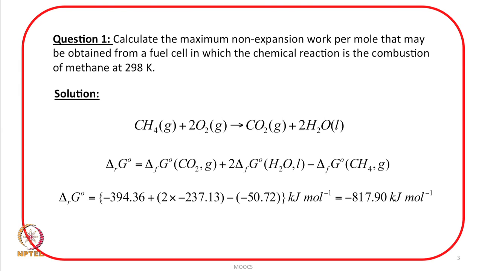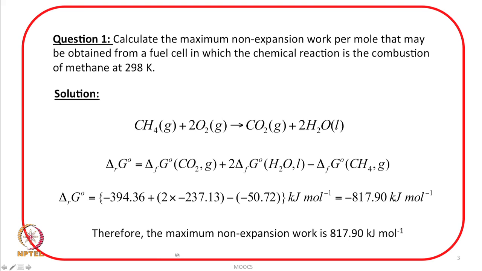And this change in delta G is equal to maximum non-expansion work that the system can do. Therefore, the maximum non-expansion work is 817.9 kilojoules per mole.